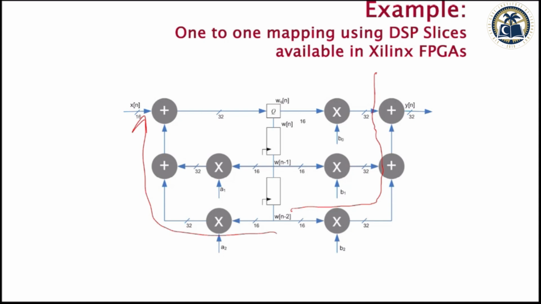Here again you have a multiplication and two additions, and this is also a path where now you have two multiplications. So you have a lot of critical paths in this design.